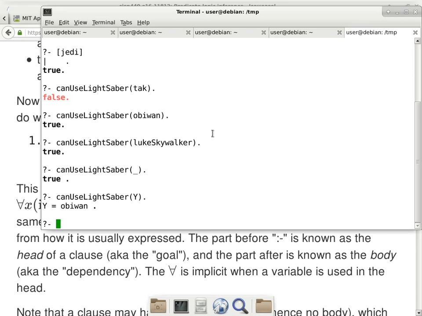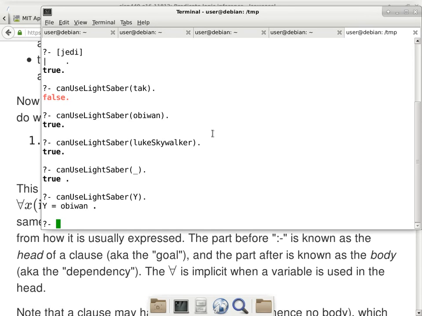And it says Obi-Wan can use a lightsaber, but it doesn't enumerate and show you all the people who can use a lightsaber. Why did it return true for underscore? It means there is at least one person who can use a lightsaber. That's all it's saying.